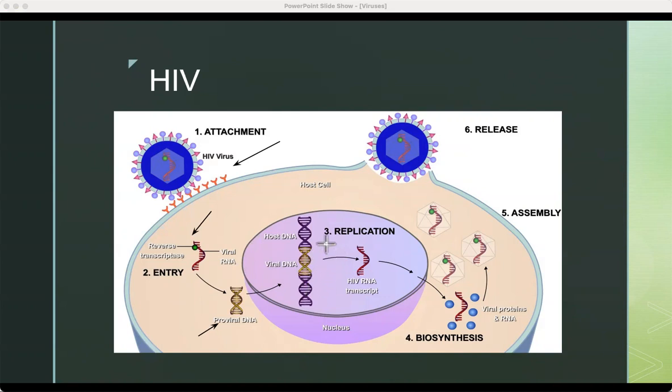Now, when the host cell starts duplicating its own DNA and making RNA for proteins, it also duplicates that viral DNA and makes viral RNA for proteins. So you have viral DNA, from that you get viral RNA, that leaves the nucleus, and the viral RNA is used to make viral proteins.